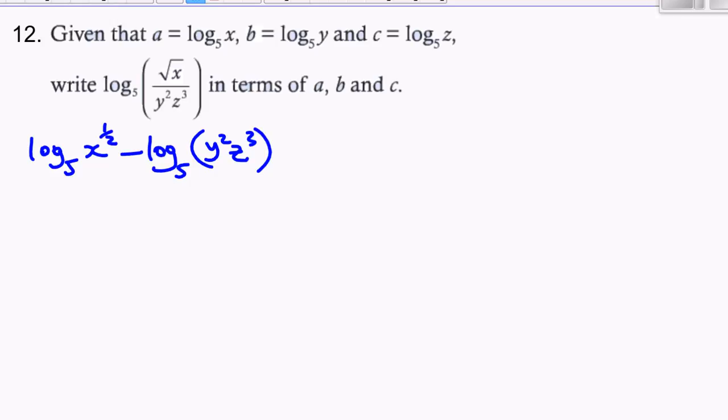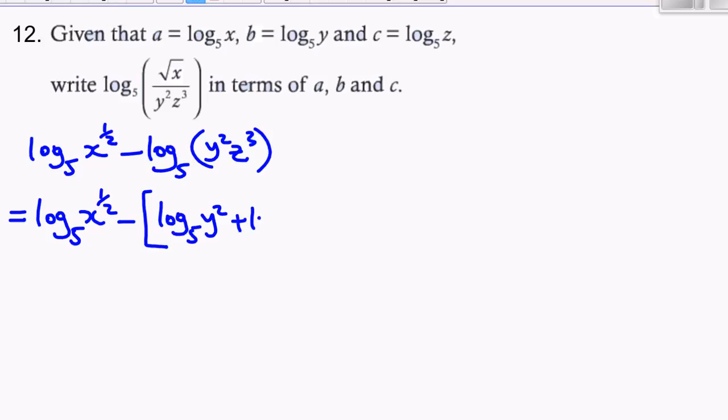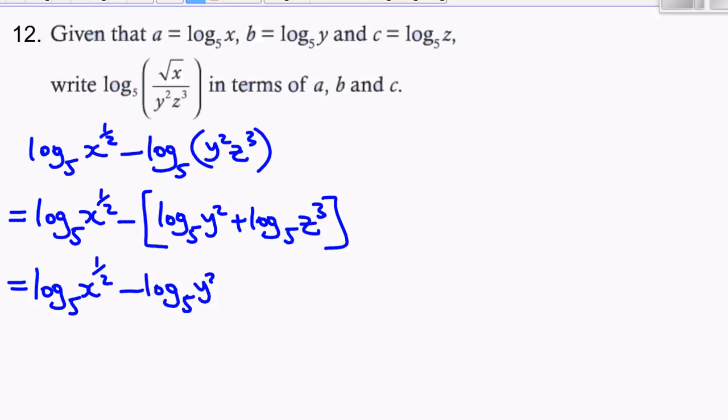This can be written as log to base 5 of x to power a half minus log to base 5. And I know this is one stage that most students get confused. You may want to just put a bracket and say log to base 5 of y squared plus log to base 5 of z cubed, such that when you expand it, you have minus that, minus that.